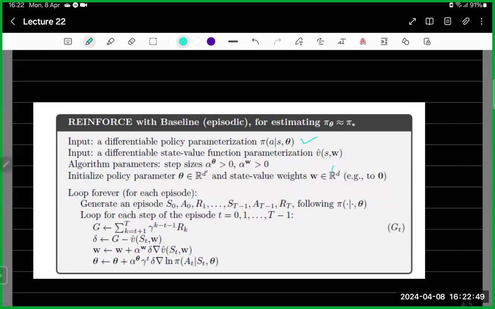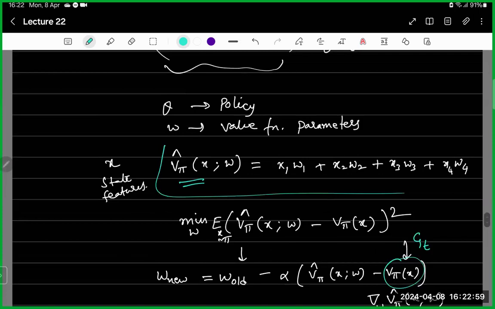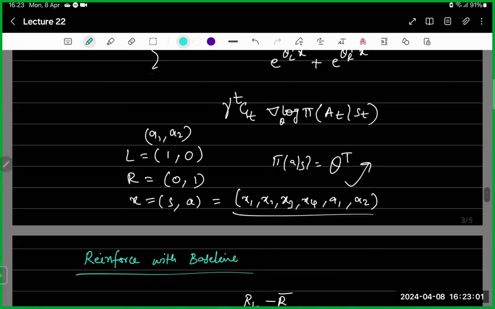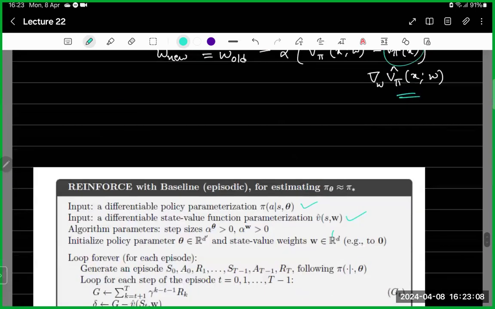So you'll start with some arbitrary policy function. Then you'll start with some function for the value. For example, we took the value function to be this. And our policy function, if you remember, is this. We'll start with those two.